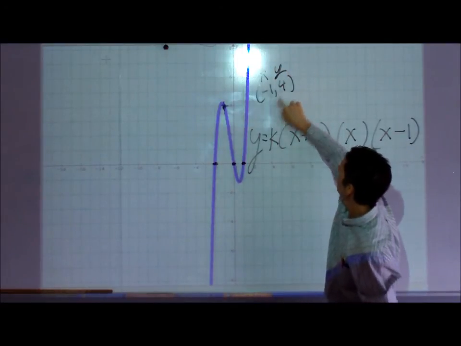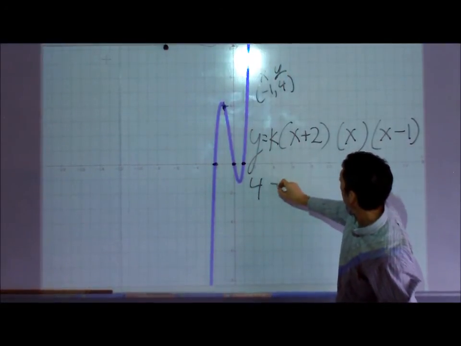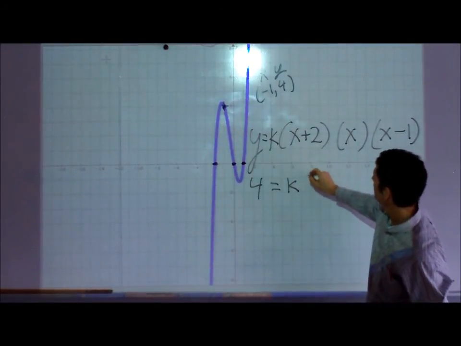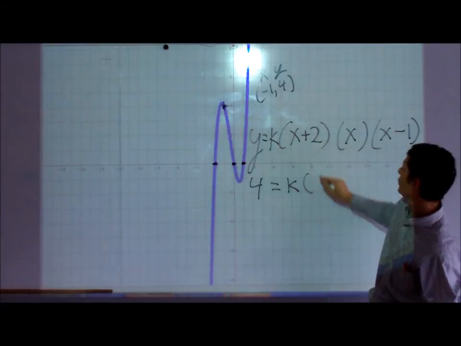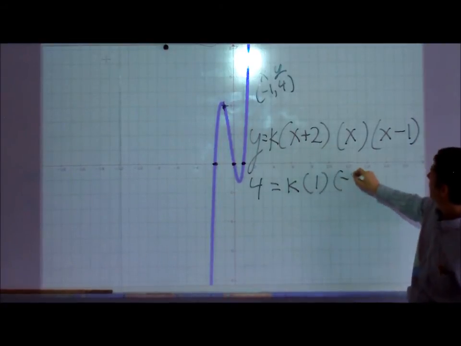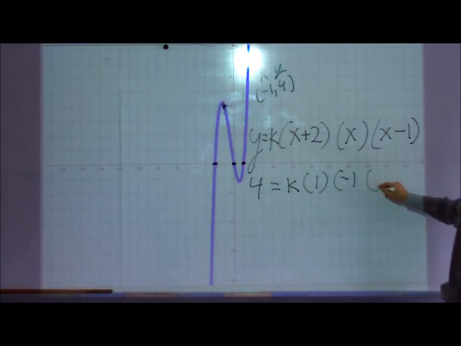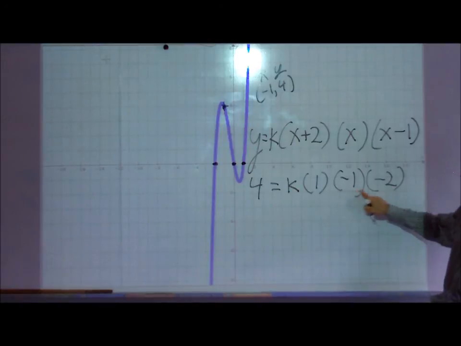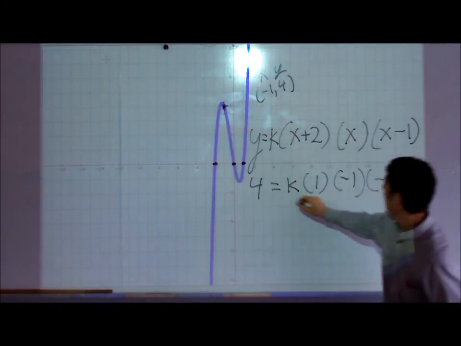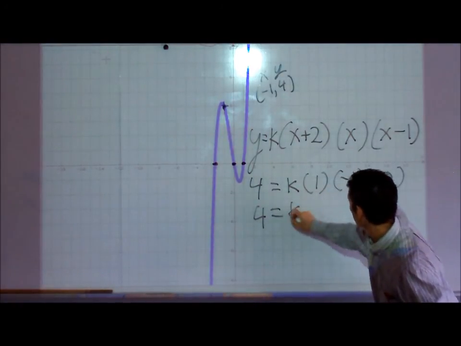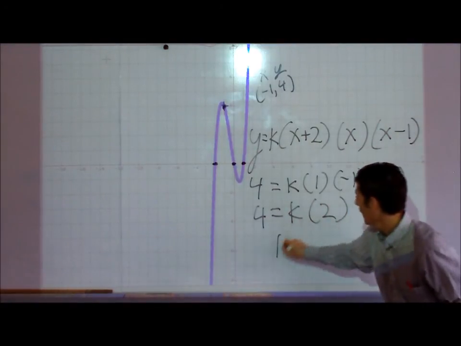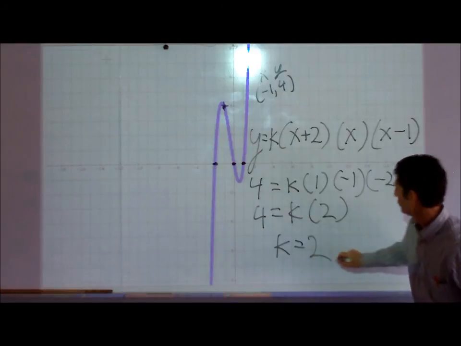I'll put in a 4 for y, so I have 4 is equal to k. I'm putting in -1 for my x's. -1 plus 2 is 1. -1 for this x. -1 minus 1 is -2. So if I multiply these all together, -1 times -2 is 2. Divide by 2, and k must be equal to 2.